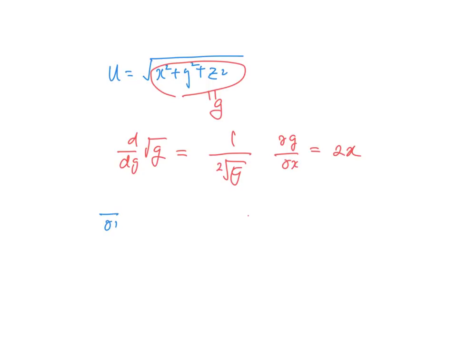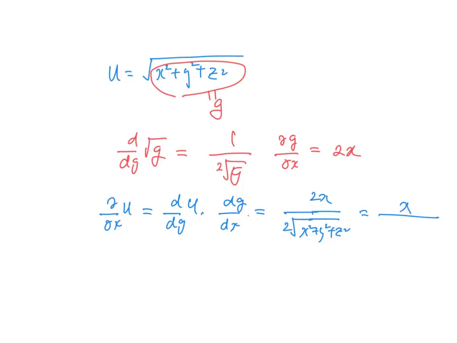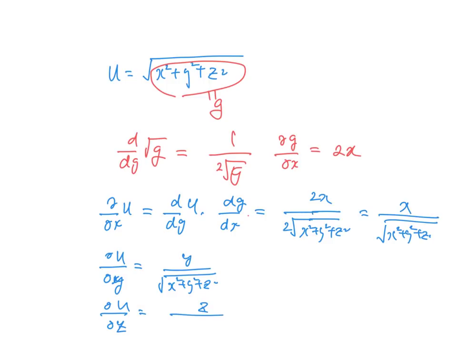So partial u over partial x is du/dg times partial g over partial x, which is 2x over 2 times the square root of x squared plus y squared plus z squared. Then likewise for y, and for z.